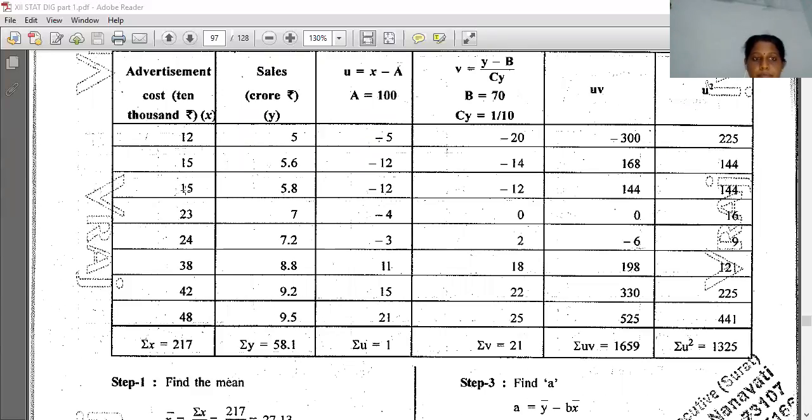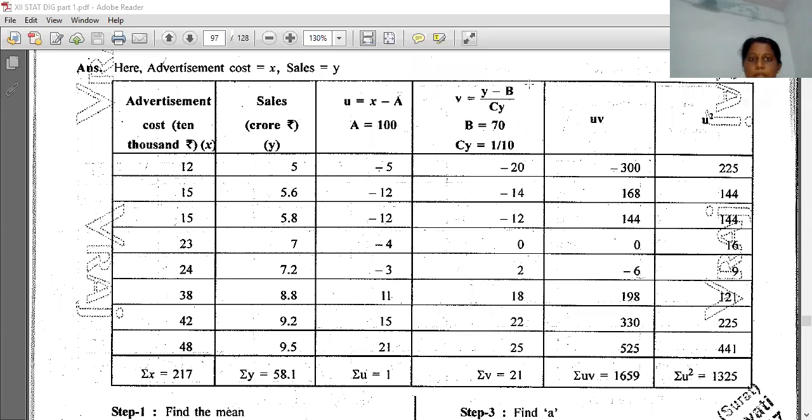Here 100 is taken but it has some mistakes, so better you take another number from here. I will explain. See, here y minus b, b is 70, but it is not exactly 70 because cy is over here. I will show you.